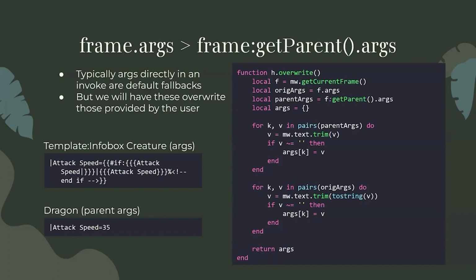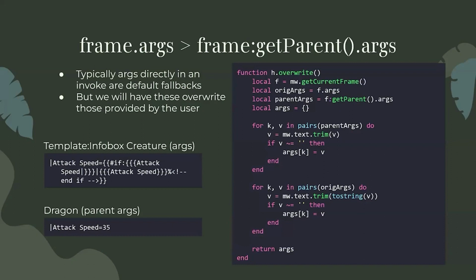And so usually you do this the other way where frame getParent.args take precedence over frame.args. And we're going to do it the opposite way in this case. We're going to say that the arguments passed from the invoke are going to take precedence over the parent args.